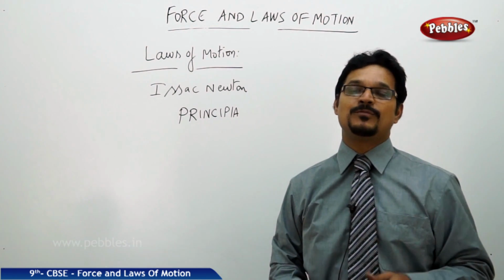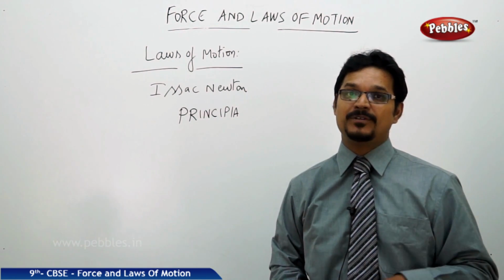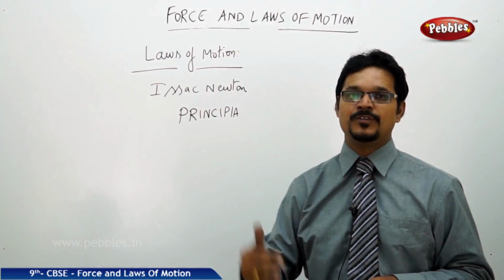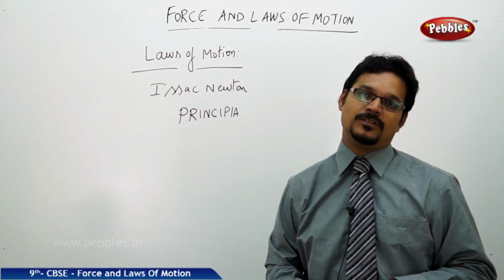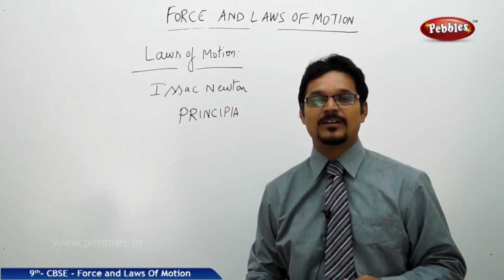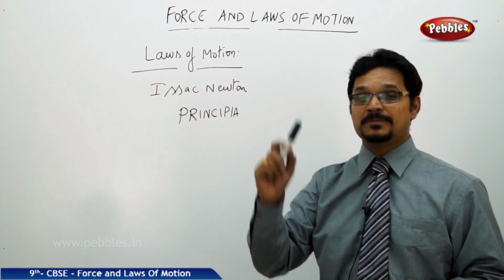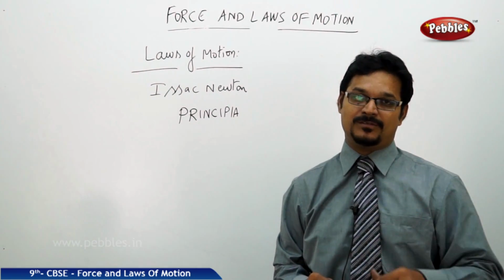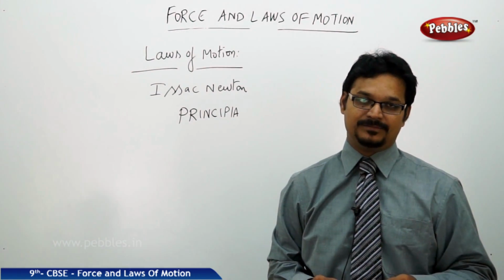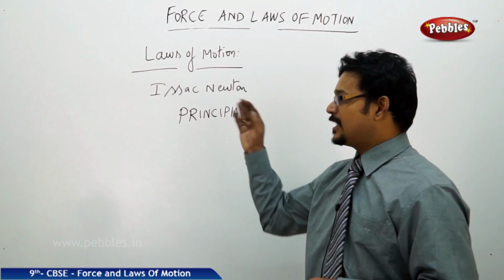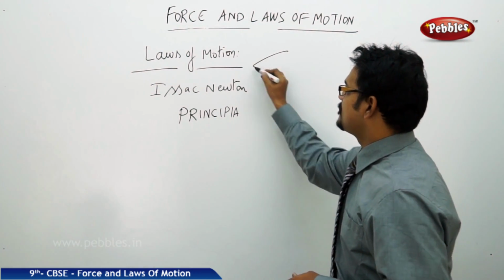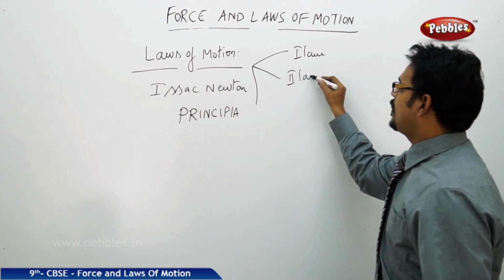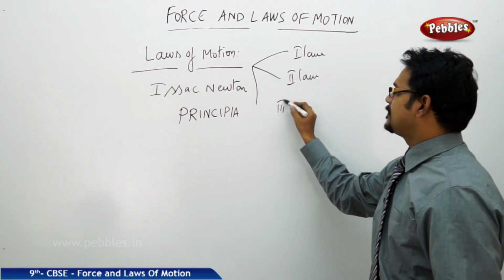To understand more about motion, he framed three laws: Newton's first law, Newton's second law, Newton's third law. These laws are very famous. Till today, we are using these laws, and in space also, we are using Newton's laws with a little modification suggested by Einstein. So, the laws of motion have three parts: first law, second law, and third law.